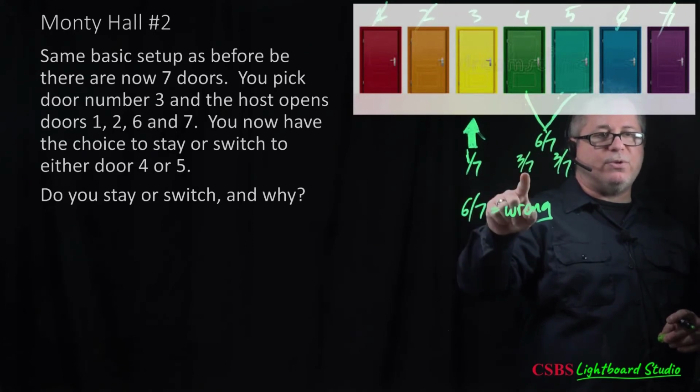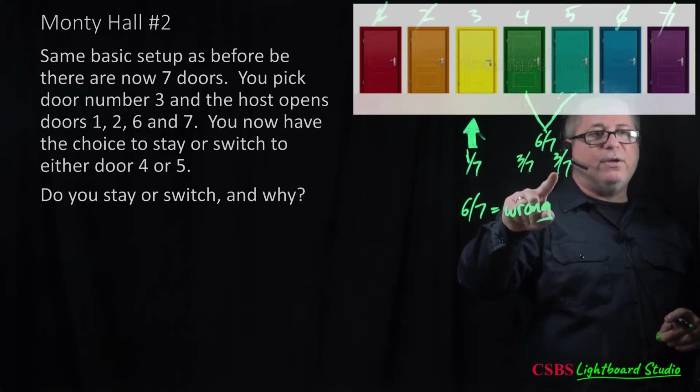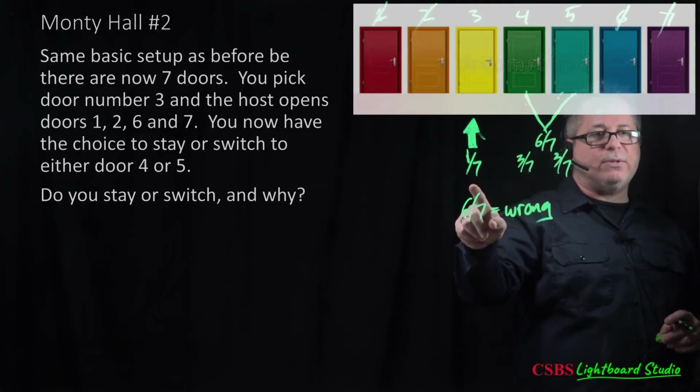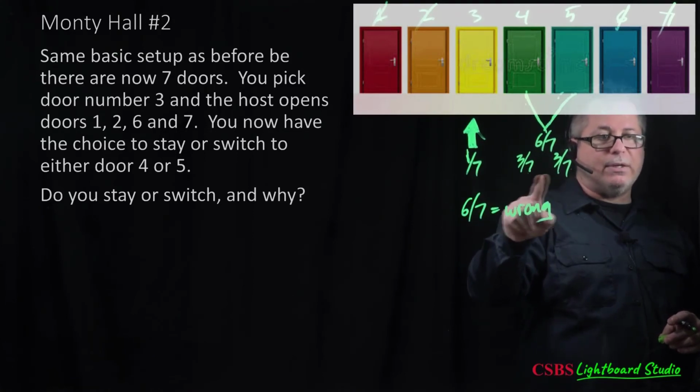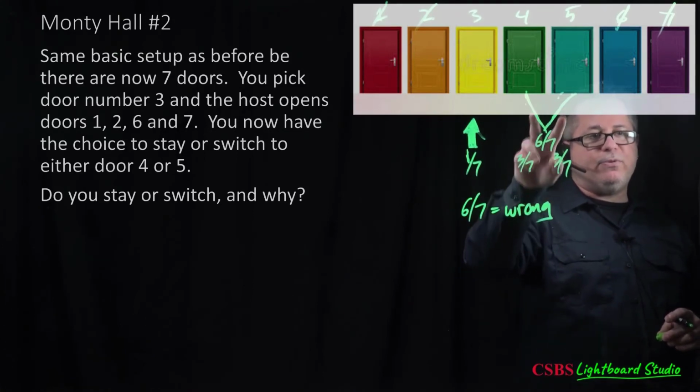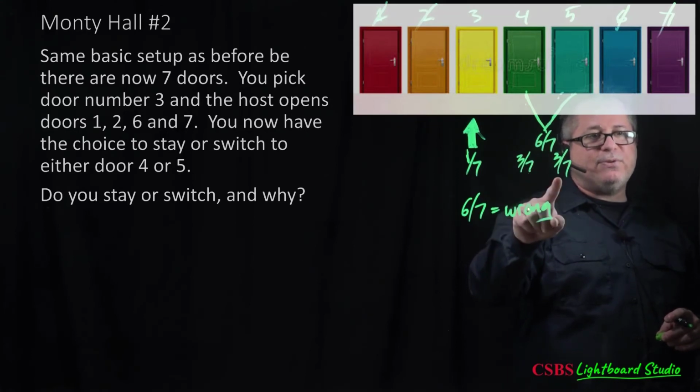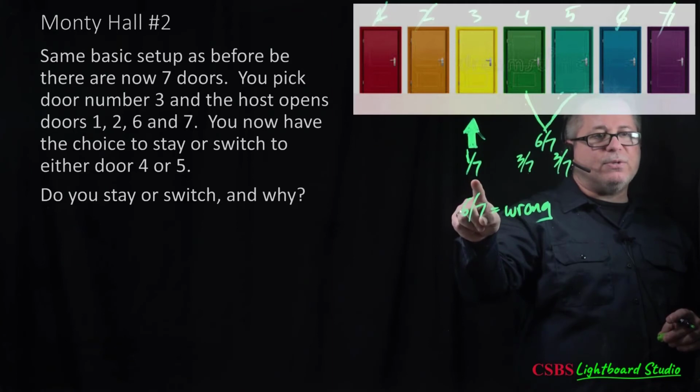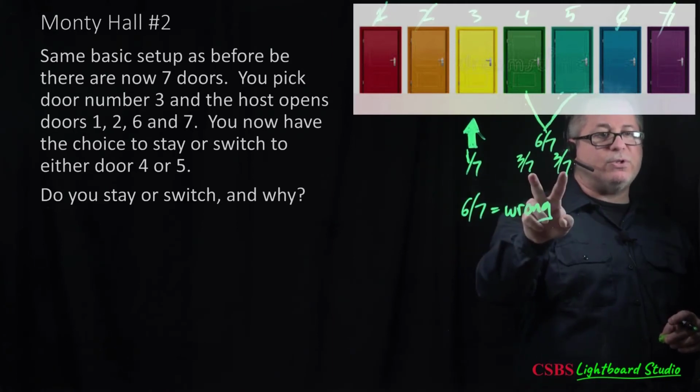So if you switch to door 4 or door 5, you're tripling the likelihood that you actually will be able to win the car. So even if it's split between 2 doors, each of those doors still has a higher likelihood of containing the car than yours does. So you might as well switch to one of those. Okay?